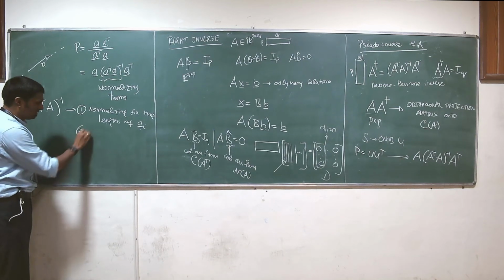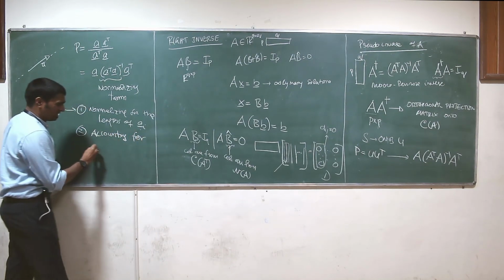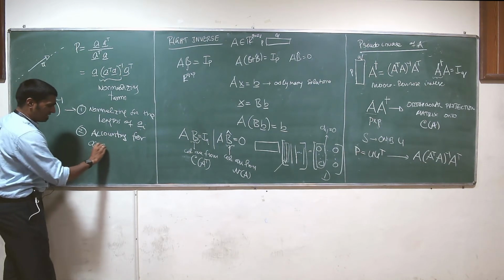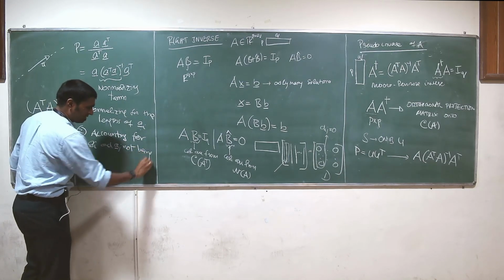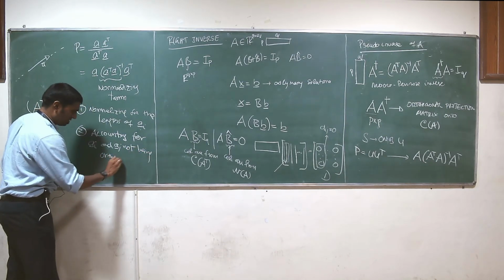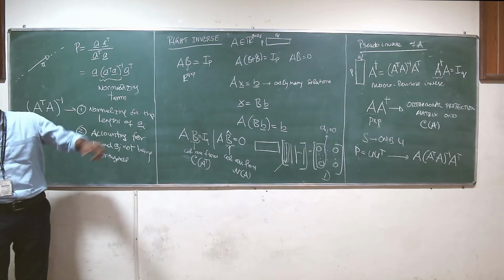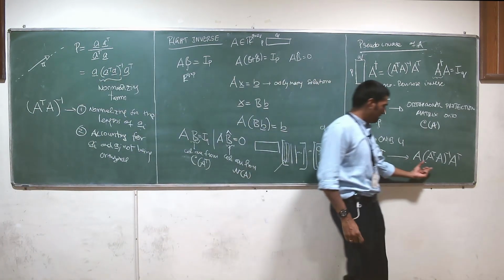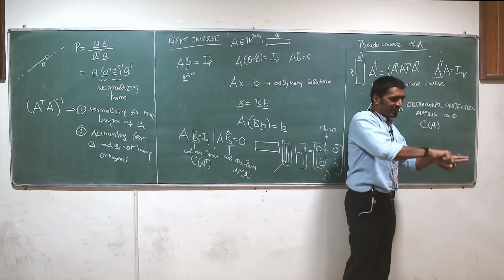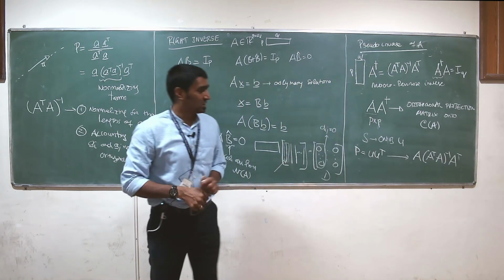And two, it accounts for A_i and A_j not being orthogonal. That's essentially the meaning of the term in the middle. Once you've accounted for the non-unit lengths and the fact that the columns are not perpendicular to each other, then this is your orthogonal projection matrix.